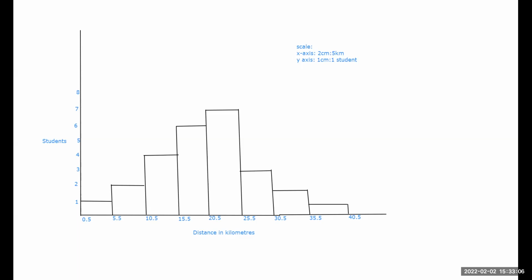Where do you see the majority of the big bars? Skewed to the left. Look at it. Most of those, it's skewed to the left, right?